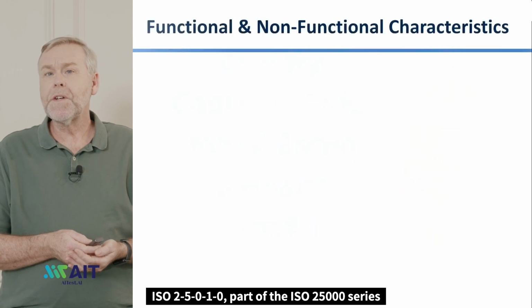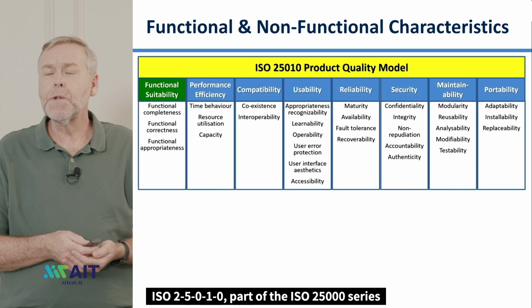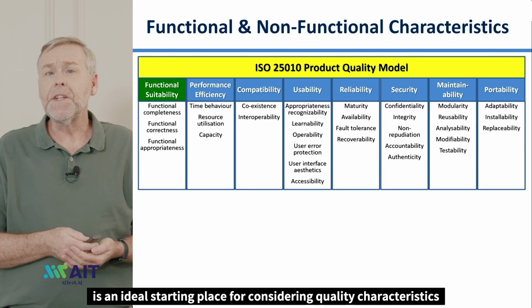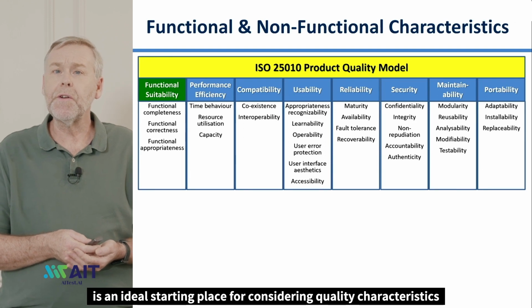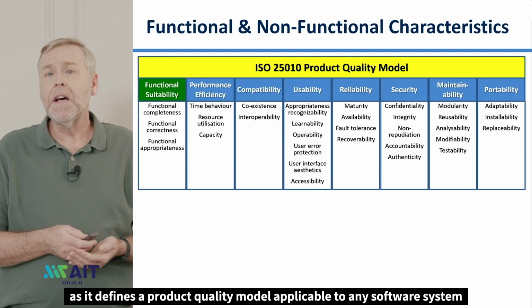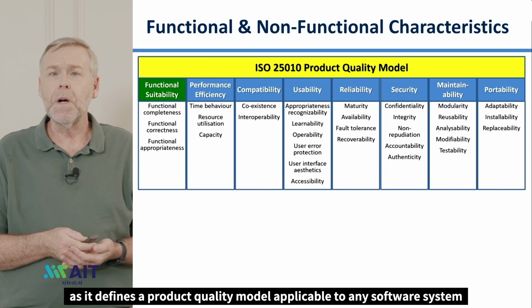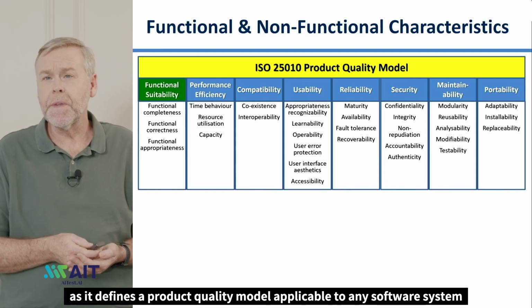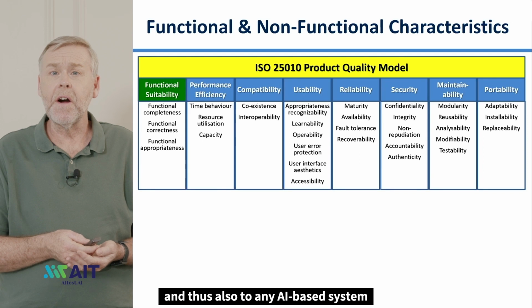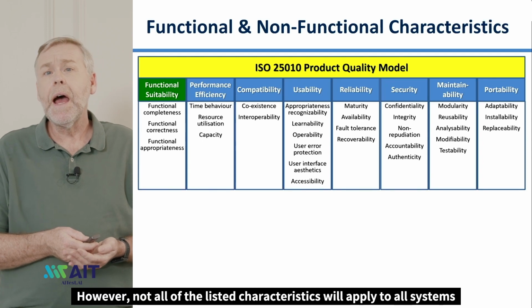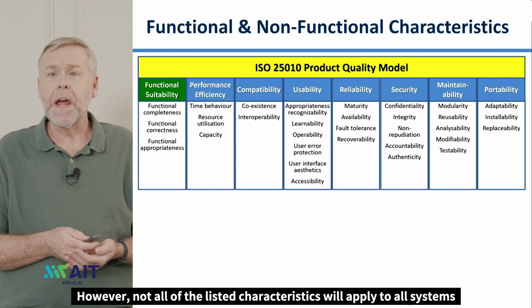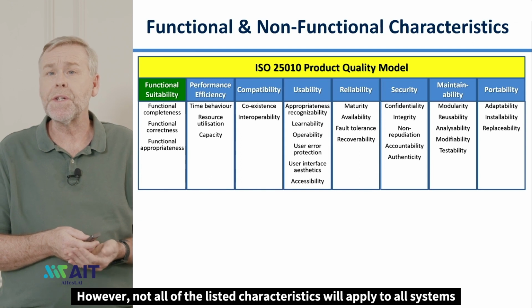ISO 25010, part of the ISO 25000 series, is an ideal starting place for considering quality characteristics, as it defines a product quality model applicable to any software system, and thus also to any AI-based system. However, not all of the listed characteristics will apply to all systems.